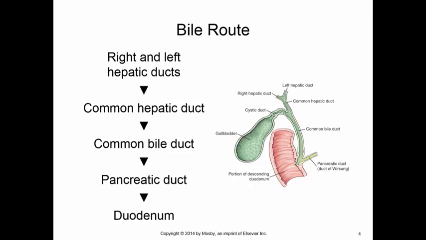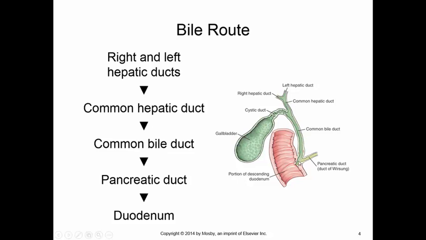Now the common bile duct, distally, so down here, is joined by the pancreatic duct, or the duct of Wirsung. I know it says Wirsung, but it's pronounced Versong. Where they meet is known as the hepatopancreatic sphincter. Okay?